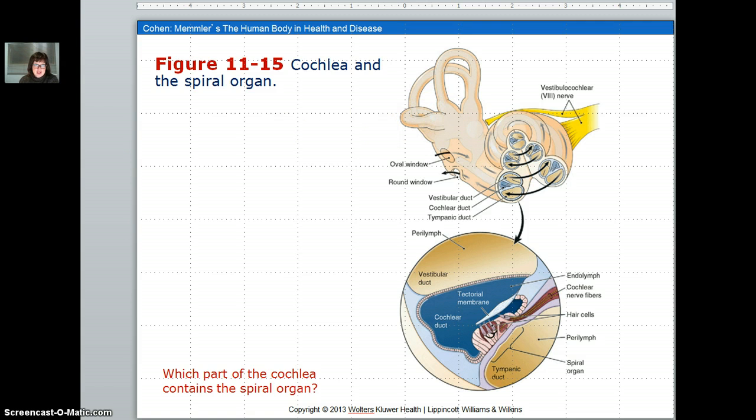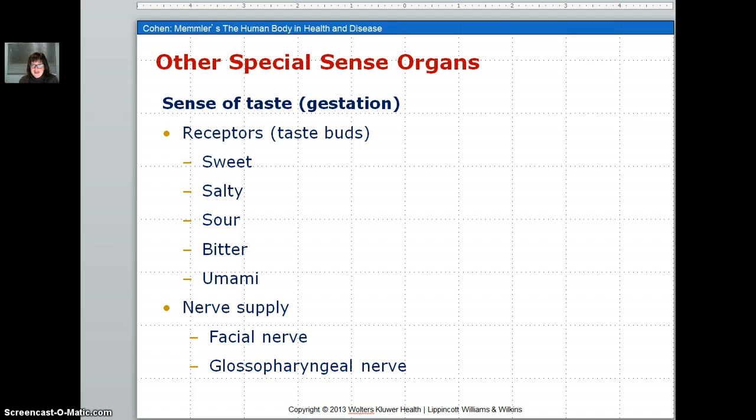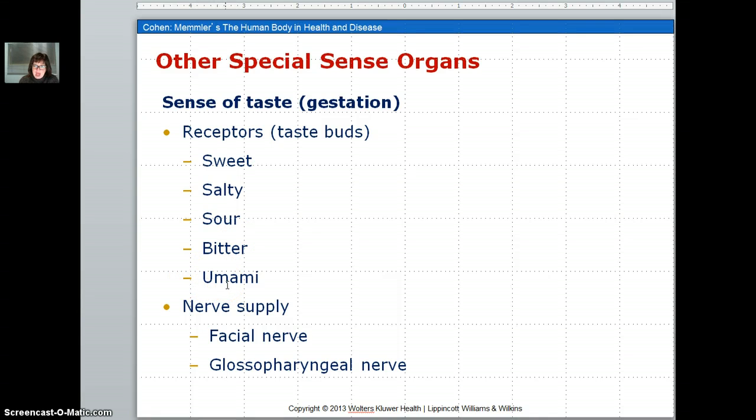Good. When it comes to other receptors, we have taste receptors, and your taste receptors are basically into five categories. Sweet, which is on the tip of your tongue, salty, which is on the side, sour is on the back, and bitter is on the very back. And umami, I'm not sure, I don't remember that one. You have a nerve supply.